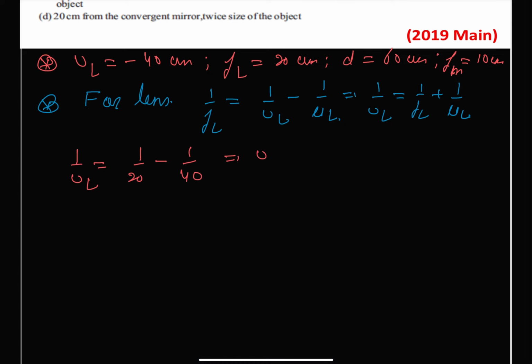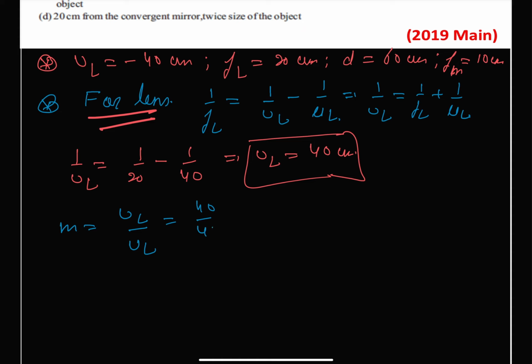This gives us VL equal to 40 centimeters. Now we calculate the magnification: ML is VL upon UL, which is 40 upon 40, equal to minus 1.